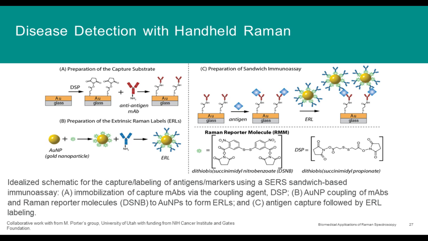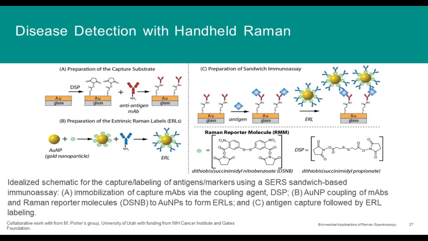And then the second part is they had to make what's called an extrinsic Raman label, or an ERL. For this, they coupled gold nanoparticles, and that's what's going to give us our SERS enhancement. They coupled the gold nanoparticles to the Raman reporter molecule, which in this case is DSNB.